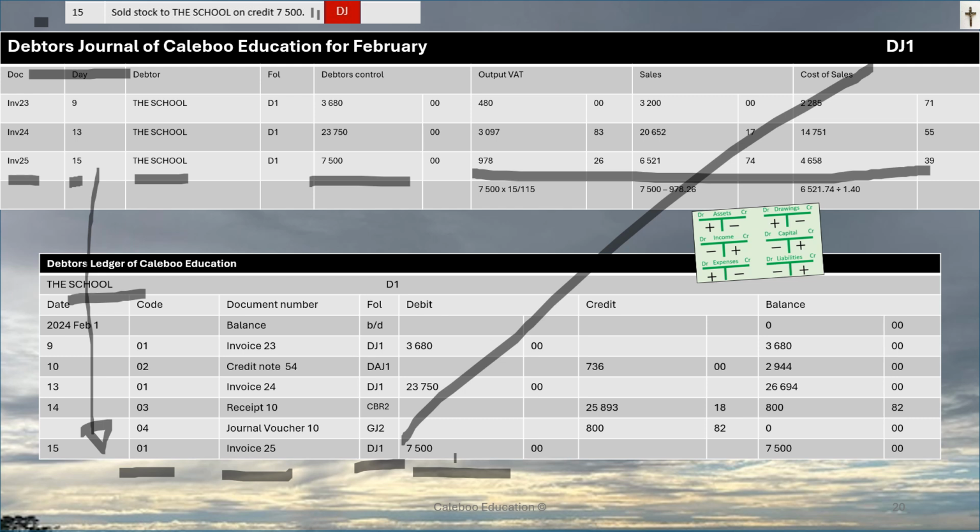The school owes Caleboo Education another 7,500, and now the balance is 7,500. Remember, in the last transaction the account was settled, but now they've bought on credit again, and the amount is 7,500.